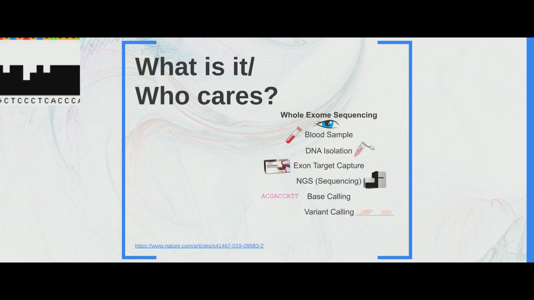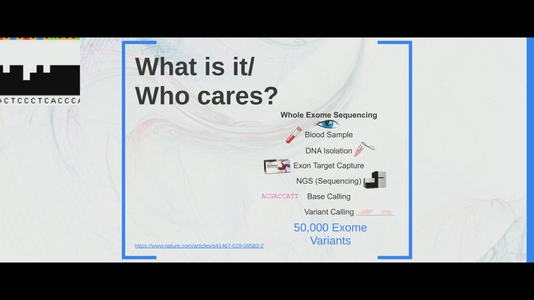For each individual patient, just looking at their exons, their exome, not even their whole genome, there's about 50,000 exome variants. And these are only exome variants that NGS can detect. There's probably many, many more things like copy number variants that it's difficult for next generation sequencing to really look at.